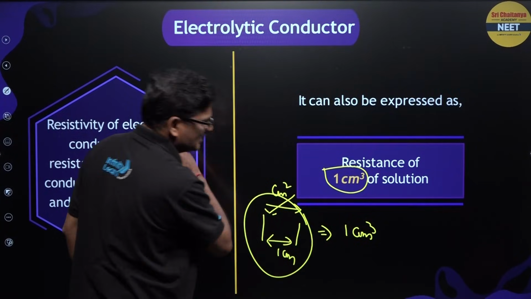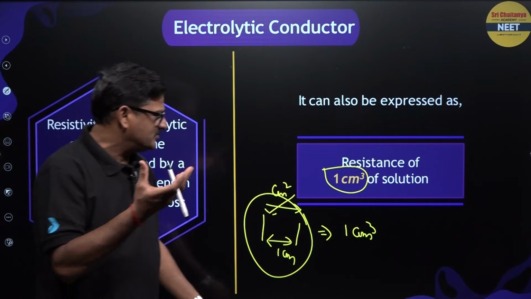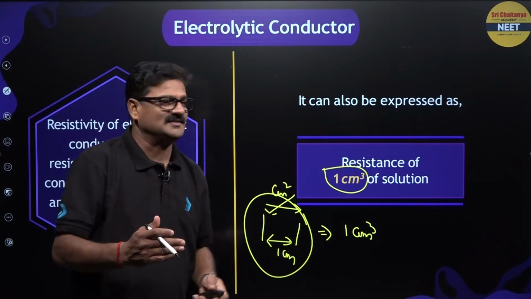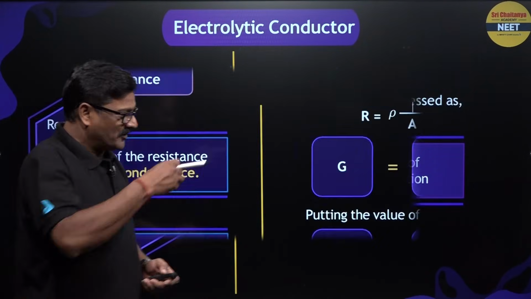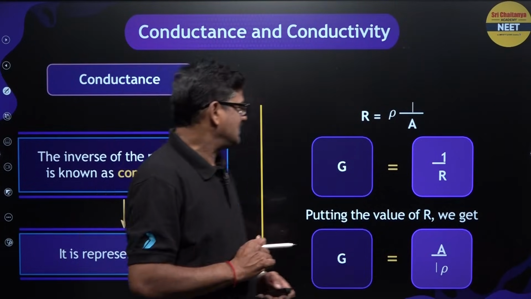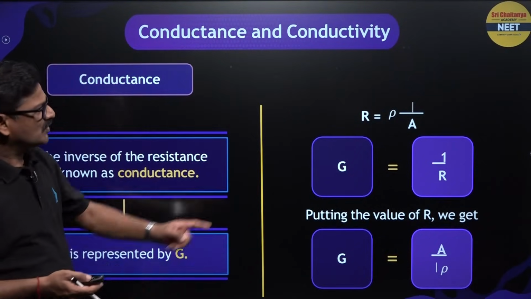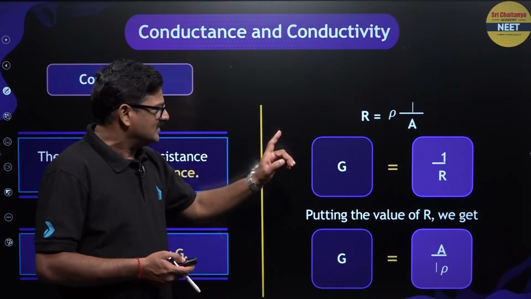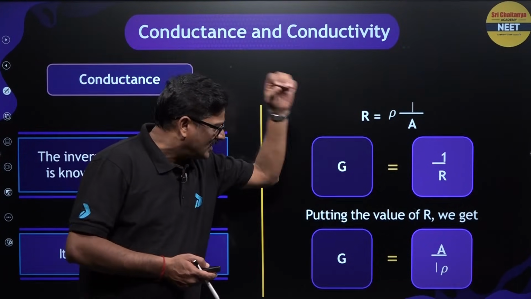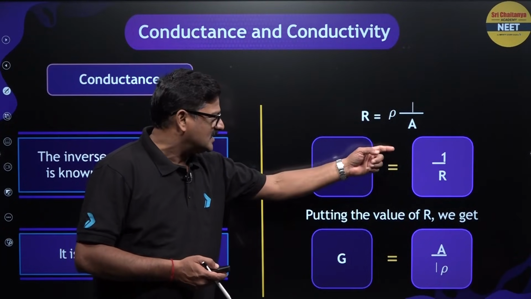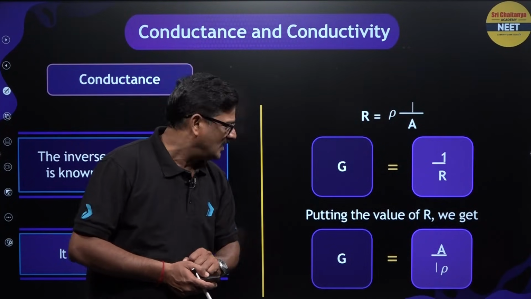So this is the electrolyte quantity present in between, the 1 cm cube of the imaginary electrolyte, and from there only we are going to see specific conductance as well. So you know R is equal to rho L by A, and G is going to be 1 by R, where G is conductance, the inverse of resistance.